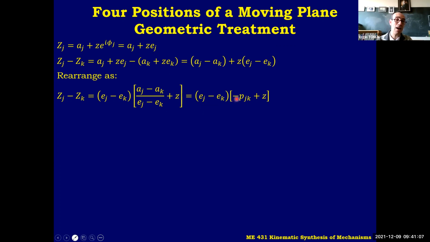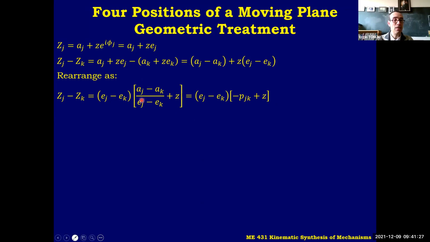So that's why I have this minus sign, plus z. So I'm just trying to put it in this form, okay? That's why I did this operation, to recover this as the location of pole JK.